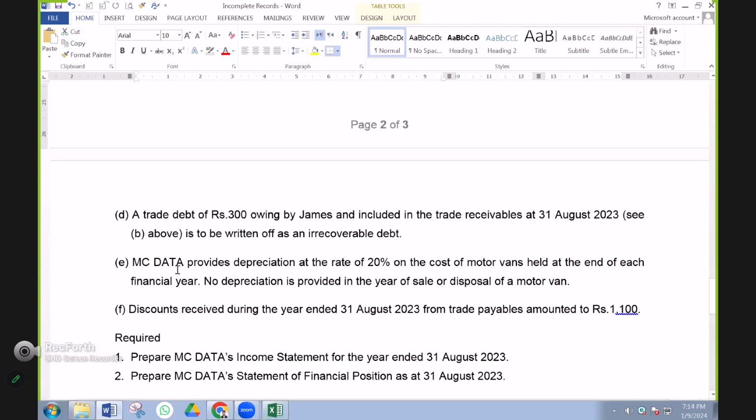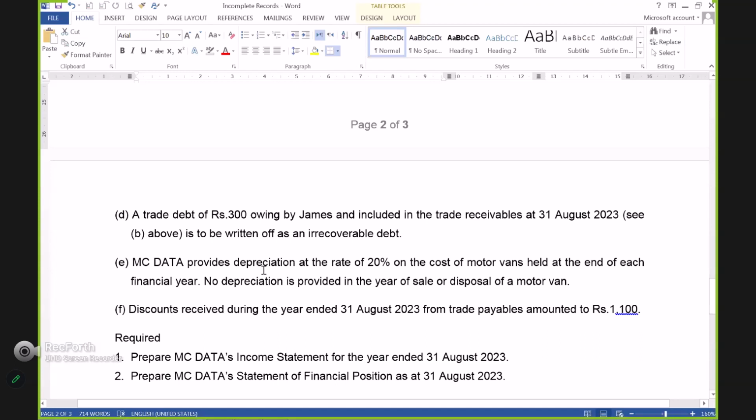Next, the data provides depreciation at 20% on the cost of motor vans held at the end of each financial year. No depreciation is provided in the year of sale or disposal of the van. So the thing here is the depreciation.